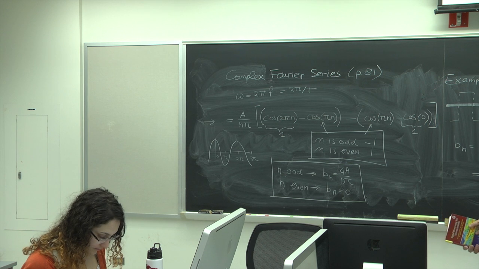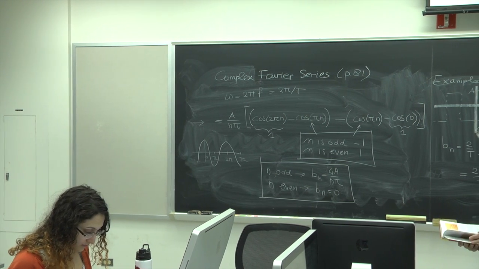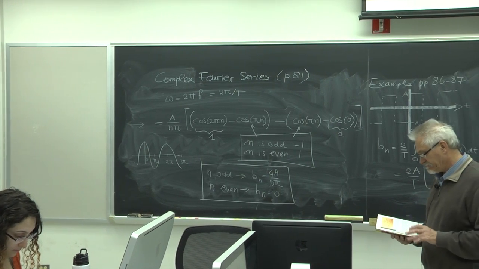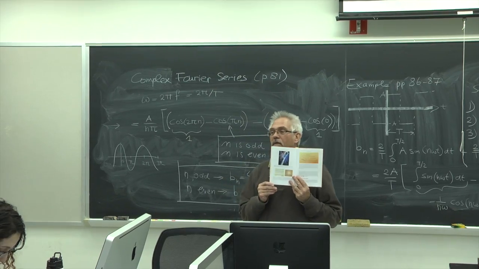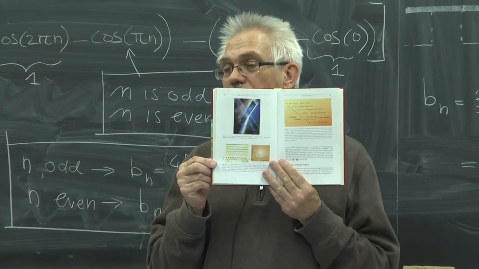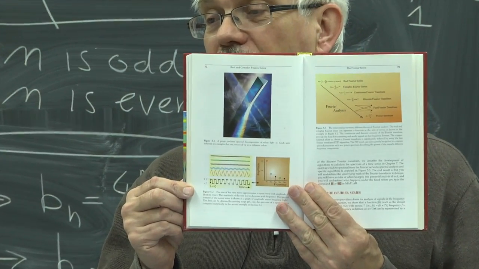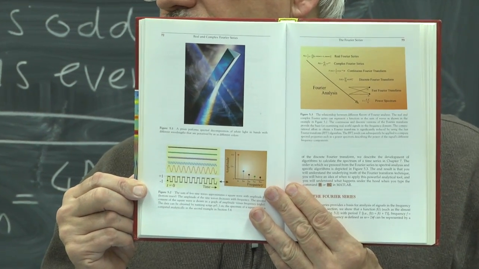So now let's, just for the fun of it, go back to the example we started with as an introduction. And here you see the square wave, and you see the sine waves with different amplitudes.